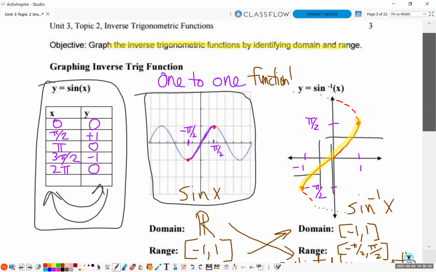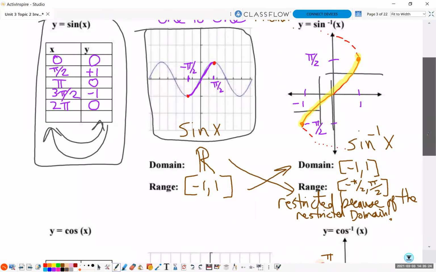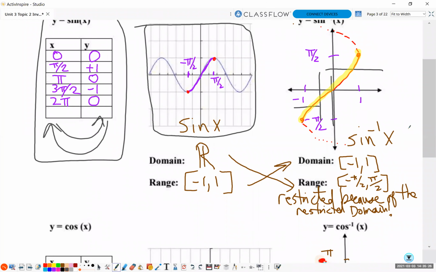Now, I'm going to talk about what that means for the unit circle. But in terms of switching the domain and range, I start out with all real numbers for the domain of sine of x. The range is between -1 and 1. When I switch my domain and range, my domain becomes a range. I'm only going between -1 and +1.